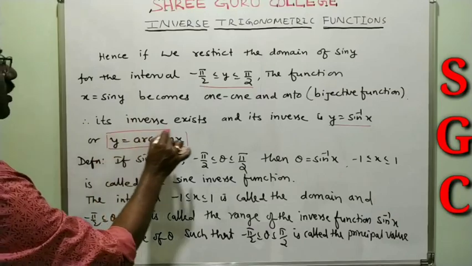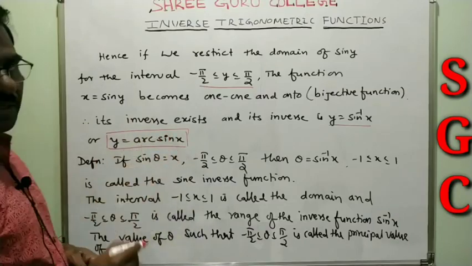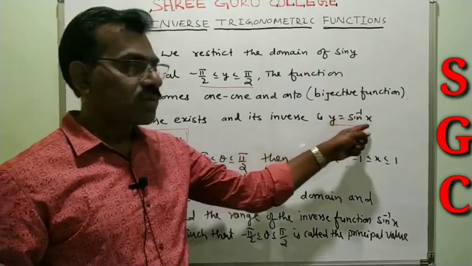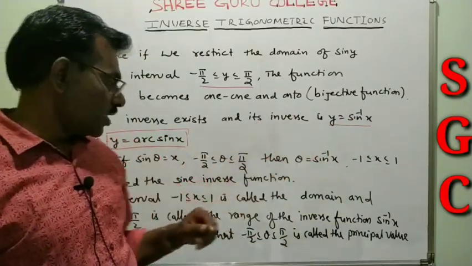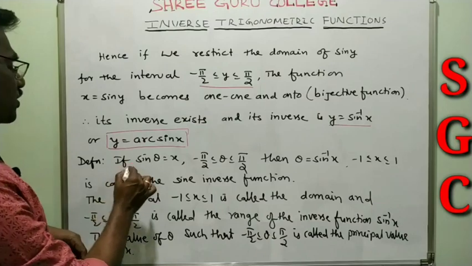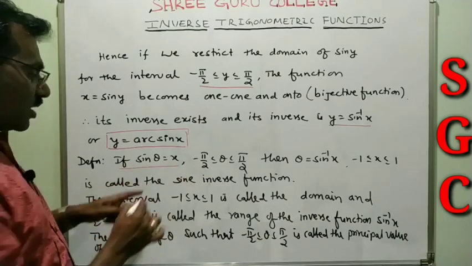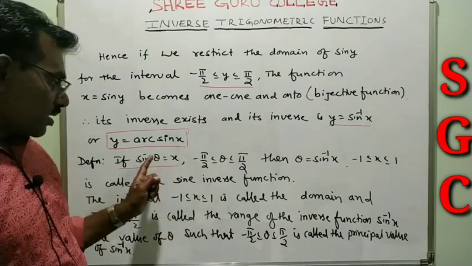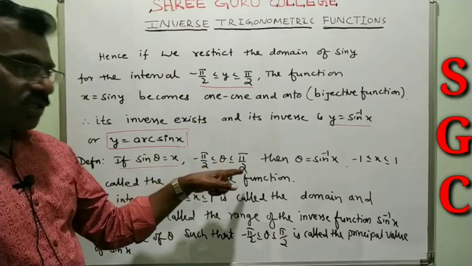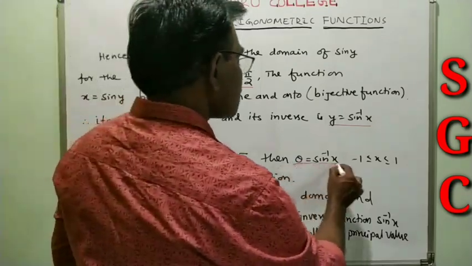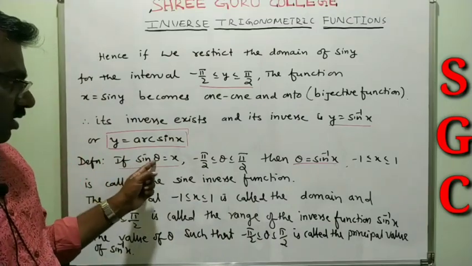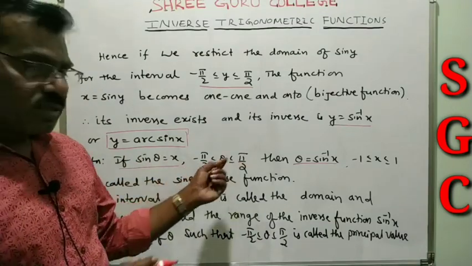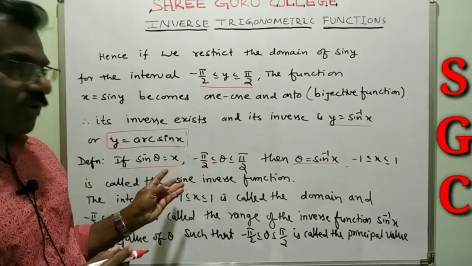This is very important. Arc sine is nothing but sine inverse of x. So the main definition: if sine theta is x and theta is between minus 90 to plus 90, then theta is sine inverse of x, because it is a bijective function.